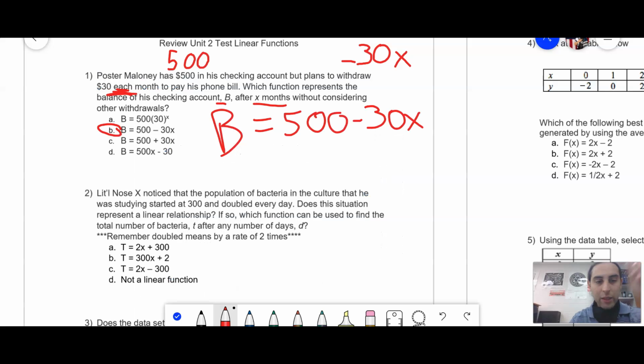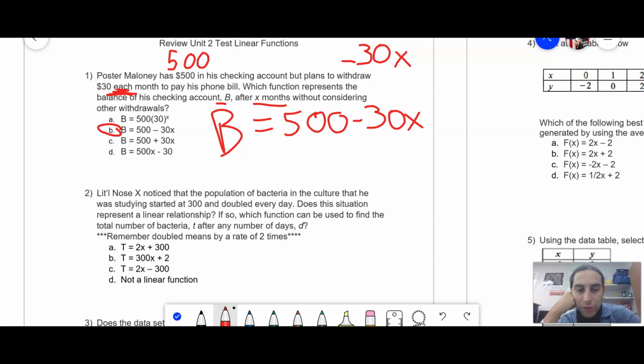All right, let's look at number two. Notice that the population of bacteria in the culture that he was studying started at 300 and doubled every day. You all know double means times two, right? So does this situation represent a linear relationship?